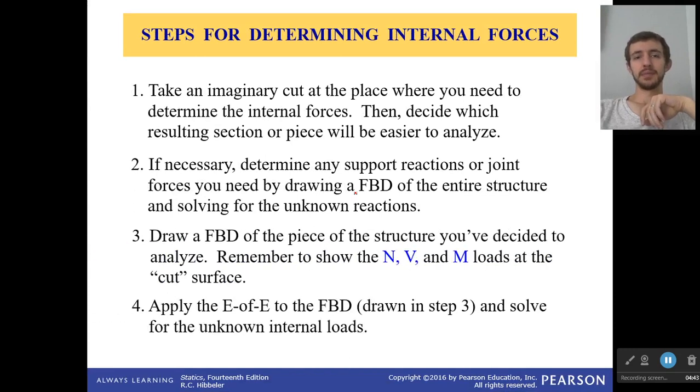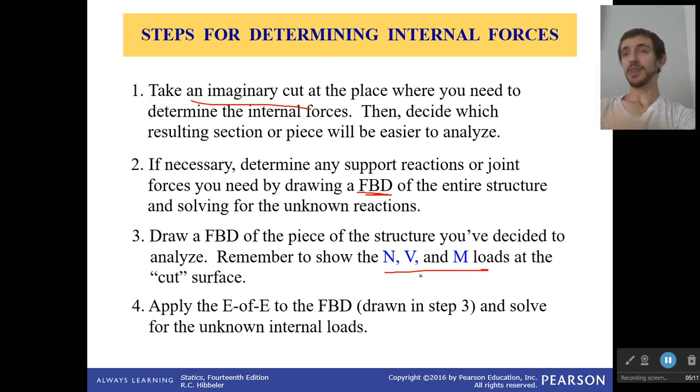Okay. So how do we do this? Just like I said before, these are 4 good steps. 1, imaginary cut. You cut it in different places, and you make a free body diagram of that system. You're most likely going to have to do that for the entire system first to get your support reactions, but then you're going to do it for the individual cuts using the method of sections. Then you need to remember that you have a normal force, a shear force, and a moment at the ends of those beams.